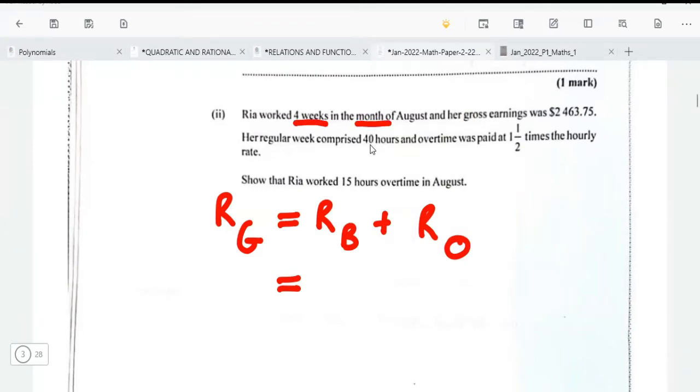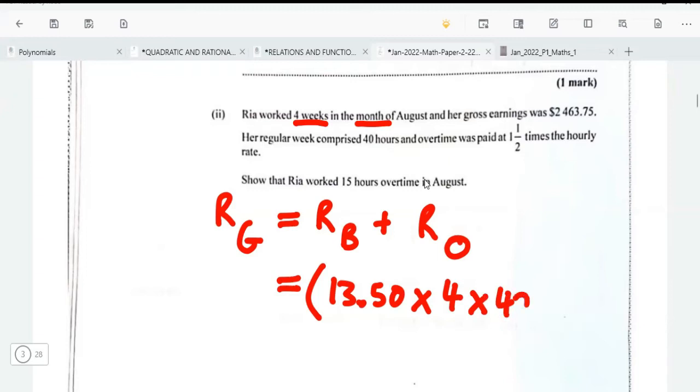So her basic wage is going to be her hourly rate, 13.50, multiplied by how many weeks she worked in the month, 4 weeks, multiplied by how many hours she worked each week, 40 hours, plus her overtime wage. Her overtime wage now, we don't know how many hours she worked, so let's call the hours X.